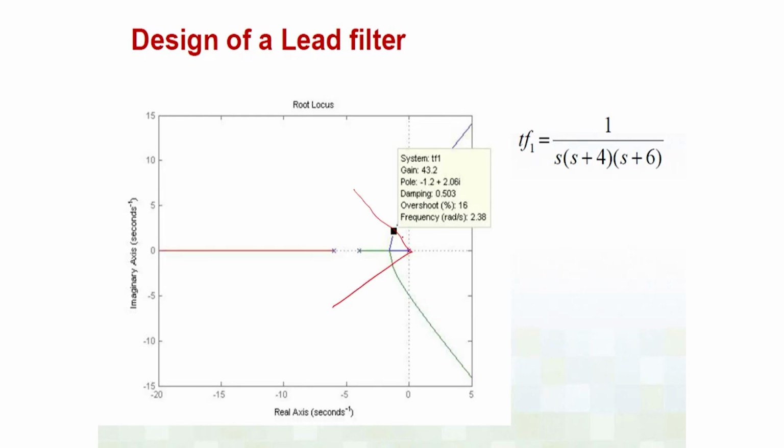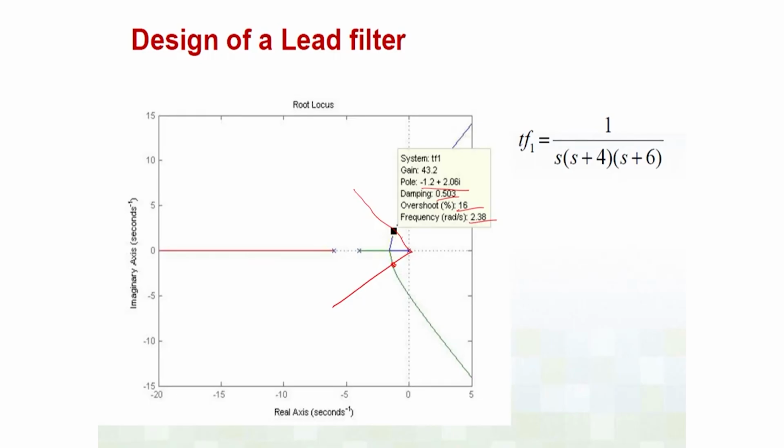Damping ratio typically represents this angle. So, 16% overshoot, that is my limit, and that is going to give me the poles at minus 1.2 plus 2.06j and minus 1.2 minus 2.06j. Damping is 0.503, which is overshoot of 16%. The corresponding natural frequency is 2.38.